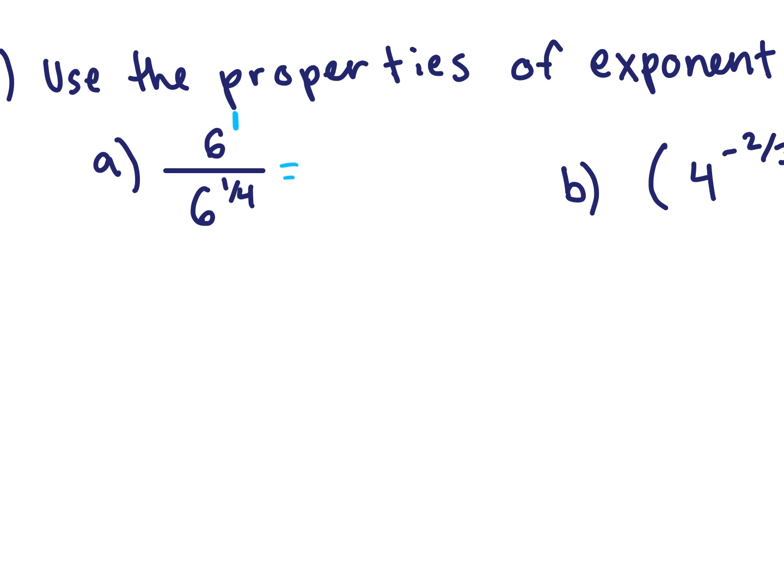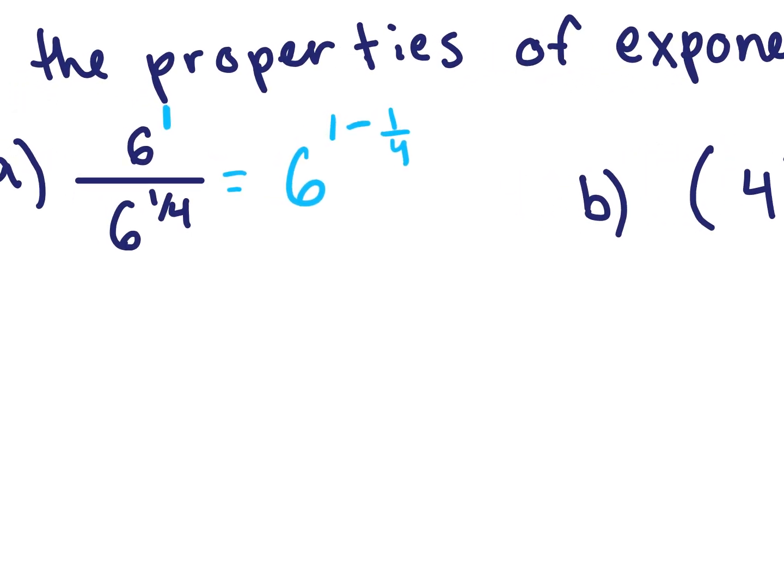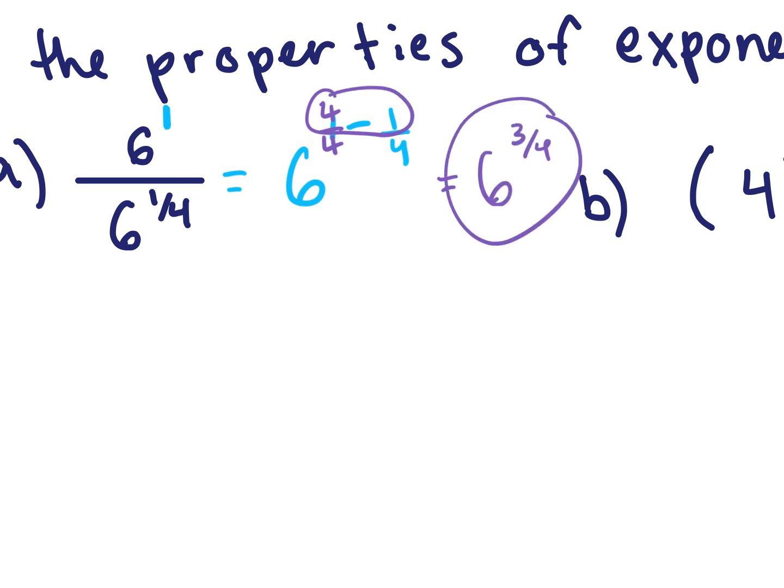Subtract. We subtract the exponent, so our base stays the same. We do 1 minus 1/4. Make sure you know how to add and subtract fractions for the quiz tomorrow. 1 we can change to be 1 over 1. We need a common denominator, so we change it to 4 over 4. So 4 minus 1 would be 3 over 4.